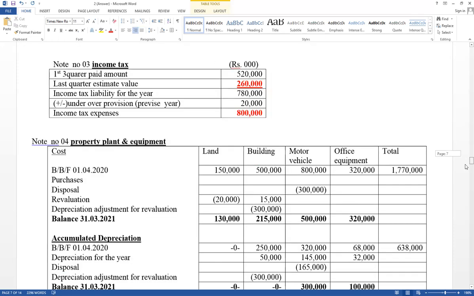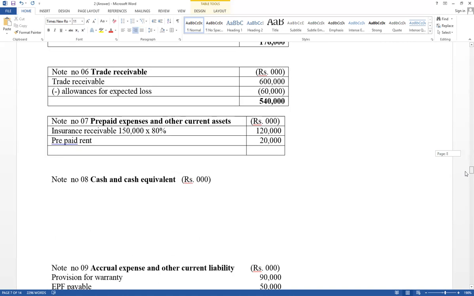The balance part is a receivable asset under note number 7, prepaid expense and other current assets, as fixed deposit interest income receivable: 120,000 minus 84,000, receivable 36,000. Assets. Those are the adjustments.